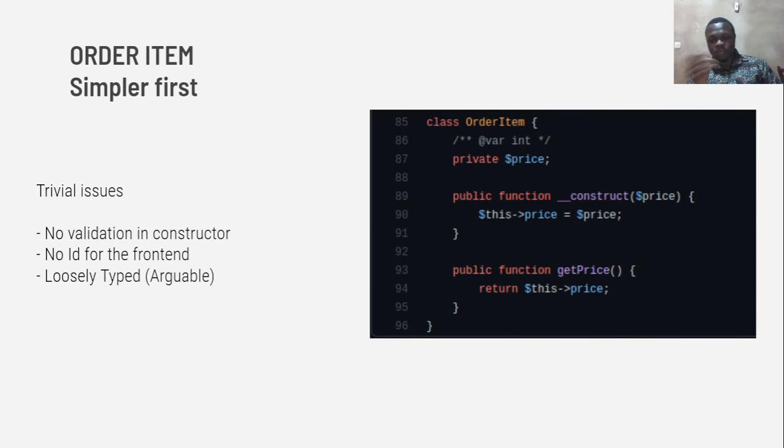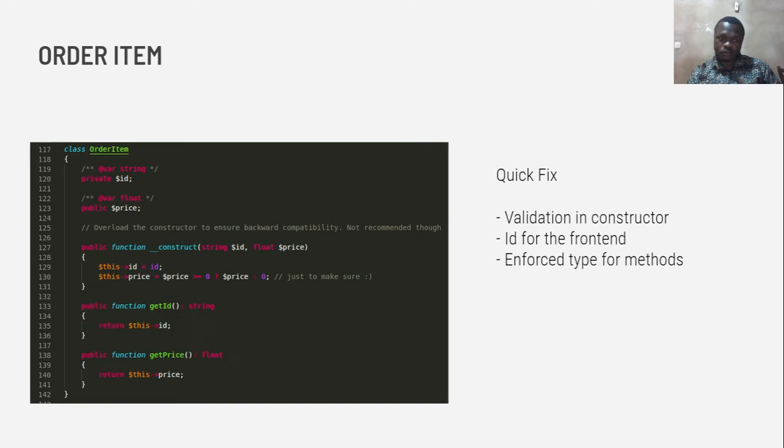Then, loosely typed. Coming from a background like JavaScript, I know we can manage writing code this way, but to ensure robustness and stability of the system, I think at least at the level of functions, we should use a strongly typed paradigm.